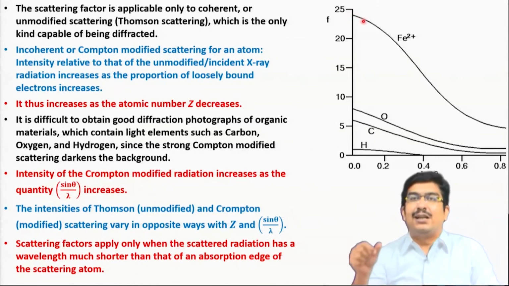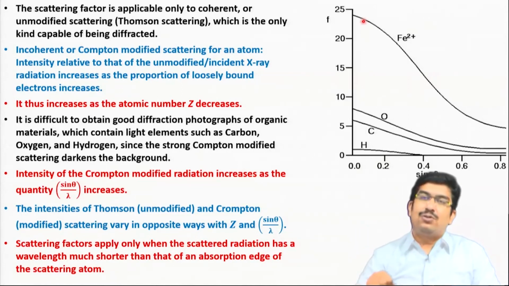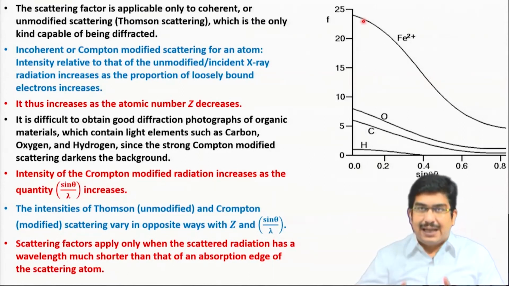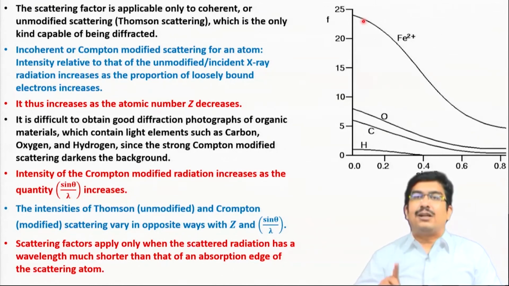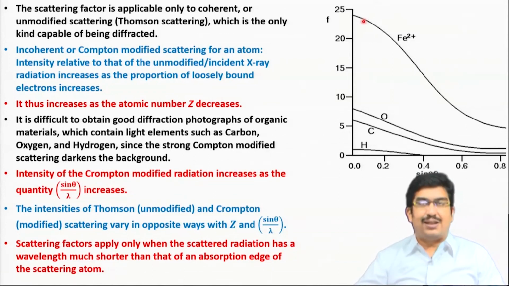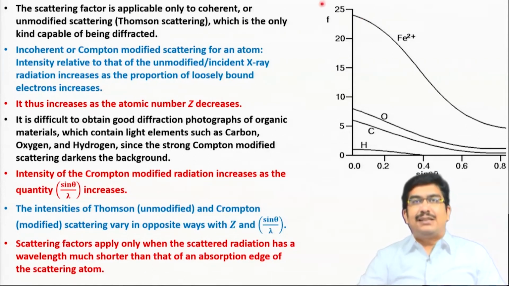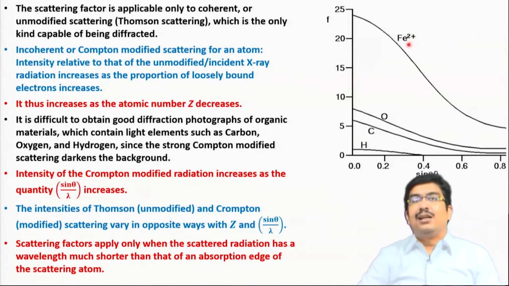Atomic scattering factor is simply the amplitude of the wave coming out of the entire atom divided by the amplitude of the wave for a single electron. It does not matter whether it is Compton scattering or Thomson scattering. We will see that atomic scattering factor varies very strongly with sin theta by lambda in the case of higher atomic number elements, where only Thomson scattering is mostly contributing to atomic scattering factor.